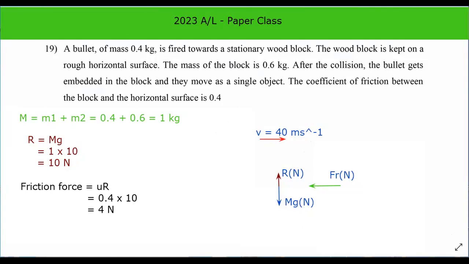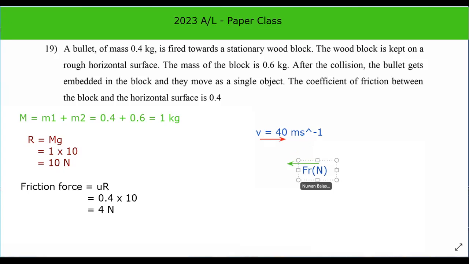I'm not interested in these other forces, so I'll erase them. But I need the friction force to find the acceleration. Actually, not the acceleration, the deceleration.